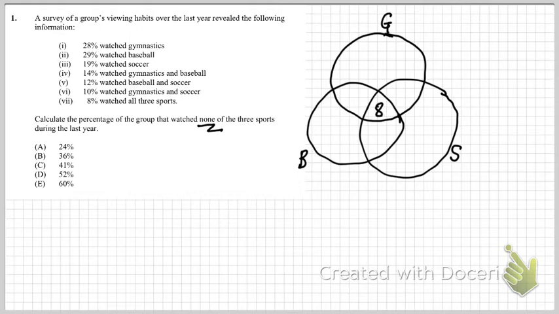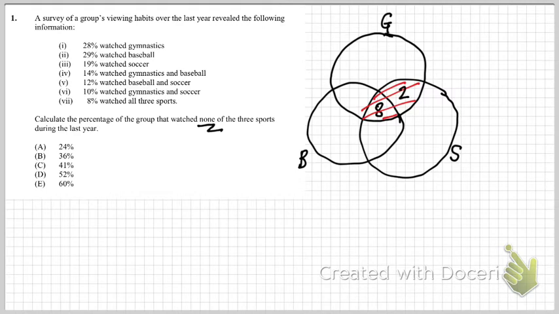And 10% watched gymnastics and soccer. So that would be this area here, and that should add up to 10, which means that this has to be 2.